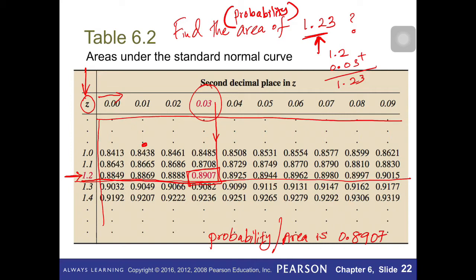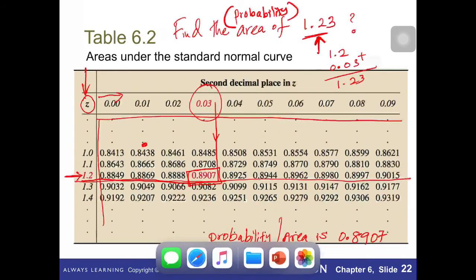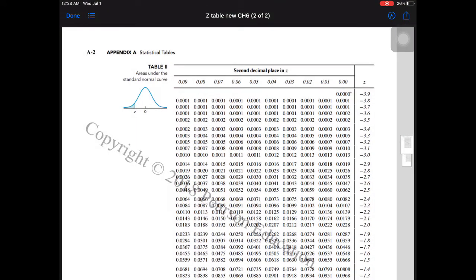As I mentioned, I'll show you the actual table. This is the actual table, table number 2. As I told you, first this is the negative value table.